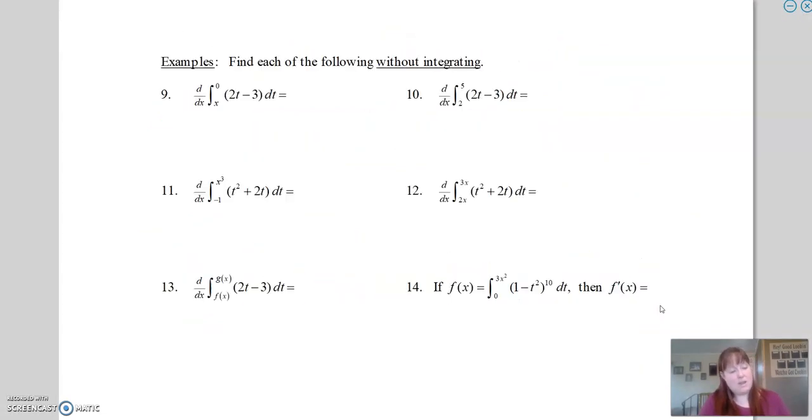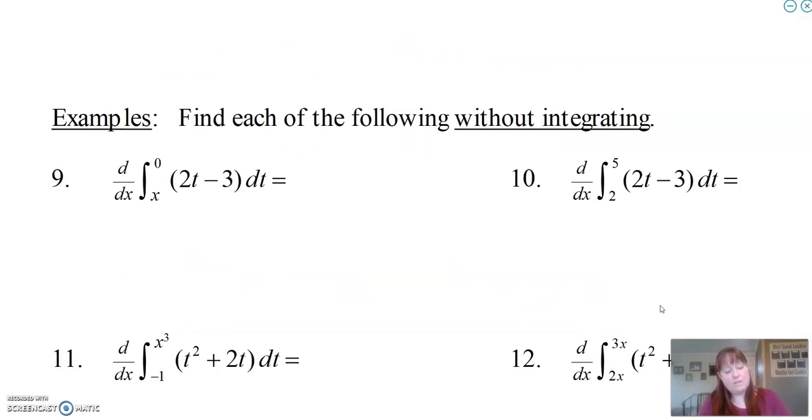So I'm going to write this right here at the top for us.